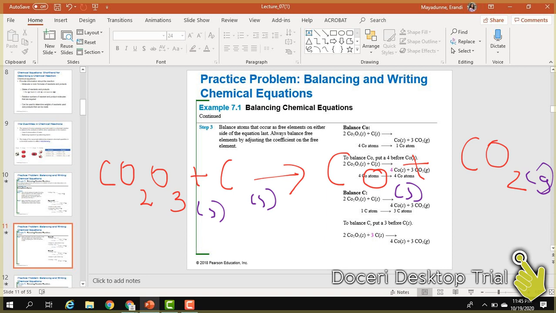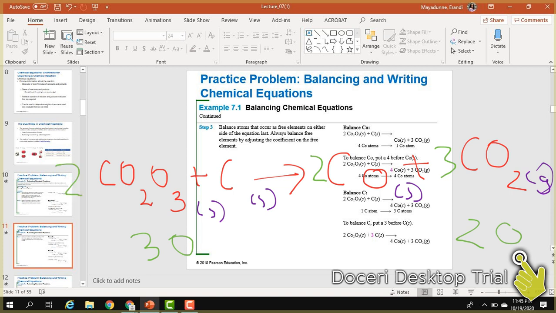I look at cobalt. I have two cobalts on one side and one on the other, so I put two in front. Carbon is 1, 1. Then I look at oxygen. I have three oxygen on this side and two oxygen on this side. You need to find a common factor. The common factor for 2 and 3 is 6. If I multiply this 2 by 3, it's 6, and this by 2.